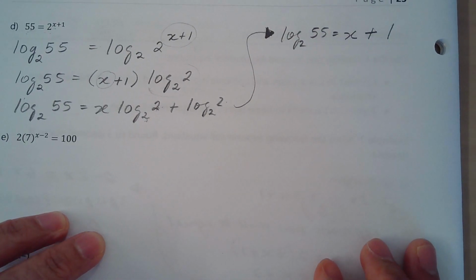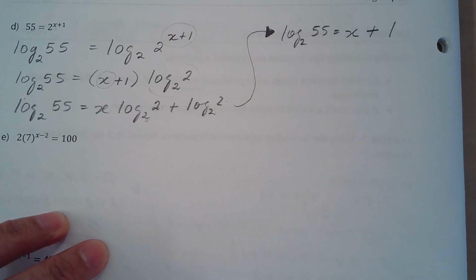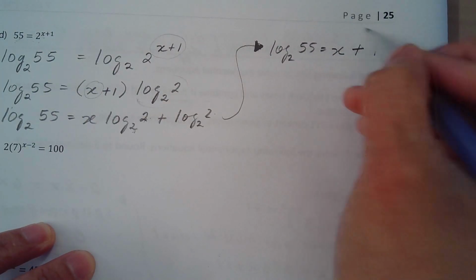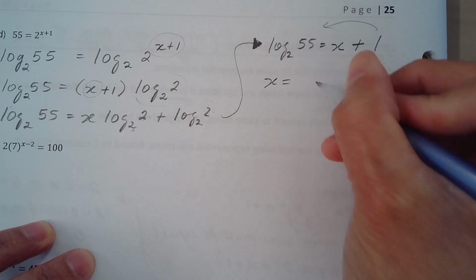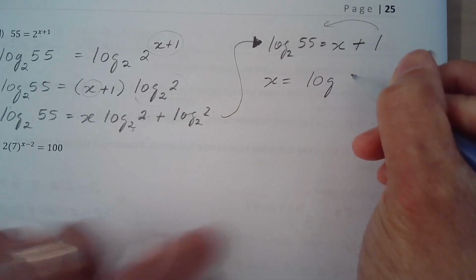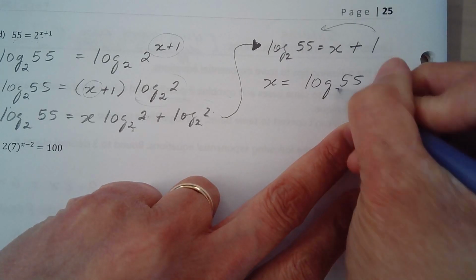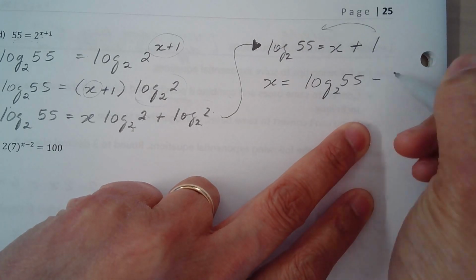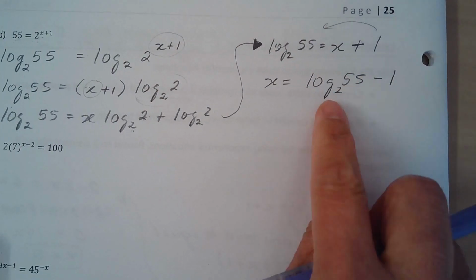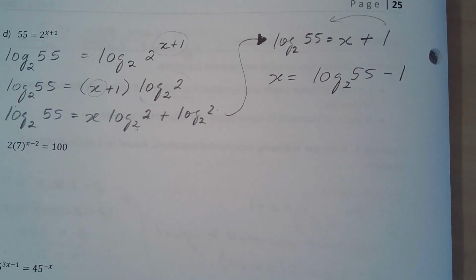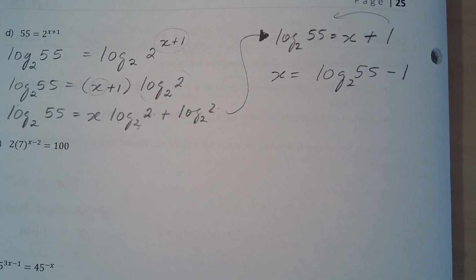Okay, so far we're getting close to having the x alone. So bring this to the other side, that becomes log 55 base 2 minus 1.